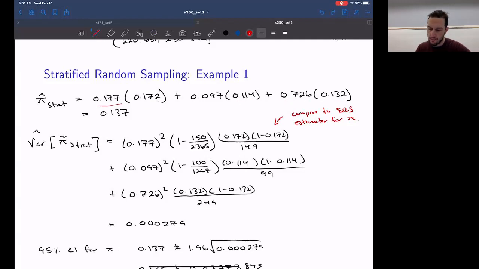So in each case, these values are the W_h from the strata, and these are capital W. So these represent, we can call them the population allocation, or the true proportion of observations that belong to each strata. And then here we are simply multiplying by the estimate that comes out of each of the different strata. So from the samples.